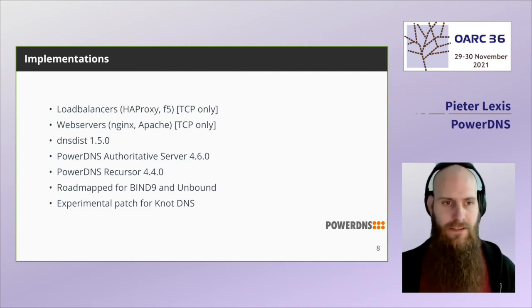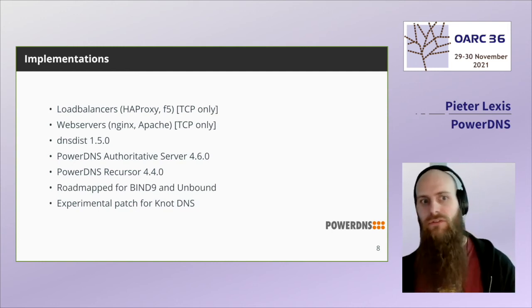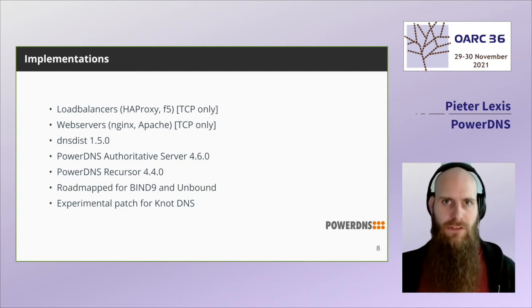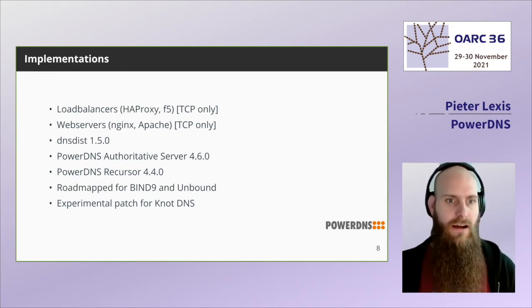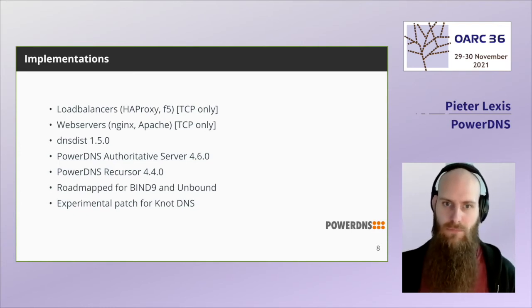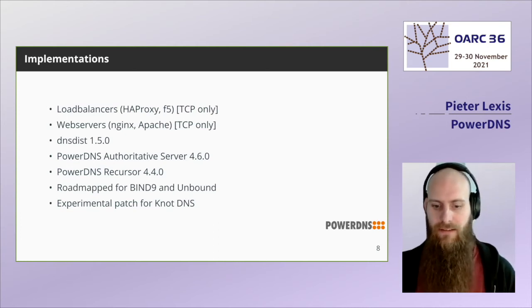We've implemented this in DNSDist 1.5 for outgoing. DNSDist 1.6 also supports proxy protocol incoming, so you could have a chain of proxies there. PowerDNS Authoritative Server 4.6 and Recursor 4.4 support inbound proxy protocol as well, and use it to populate their structures of the original addresses.